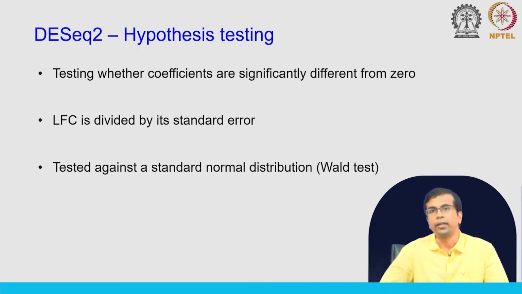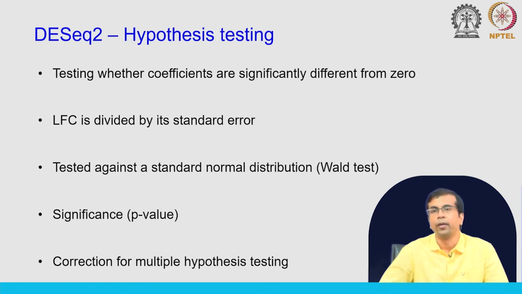So, you will get the Wald test statistics and the p values for each gene after the hypothesis testing. These p values signify whether we can reject the null hypothesis or not.